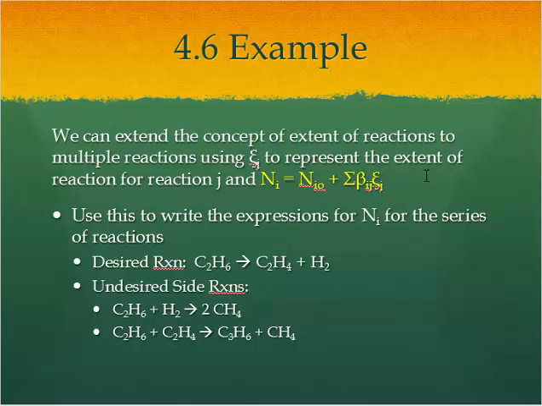But I have multiple reactions. So I'm going to have a term for each of the reactions possible. So in this case I have 3 reactions. I'm going to have a term related to extent of reaction for the first reaction, the second reaction, and the third reaction.